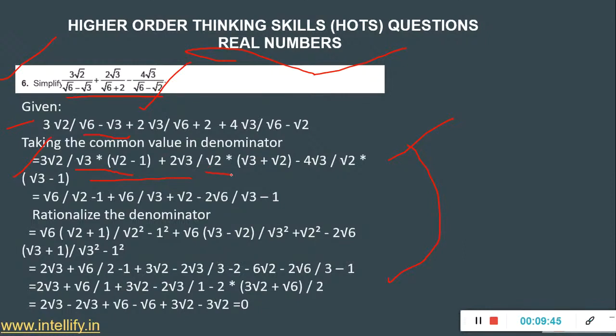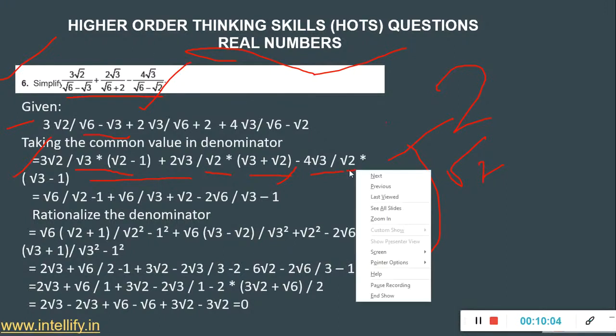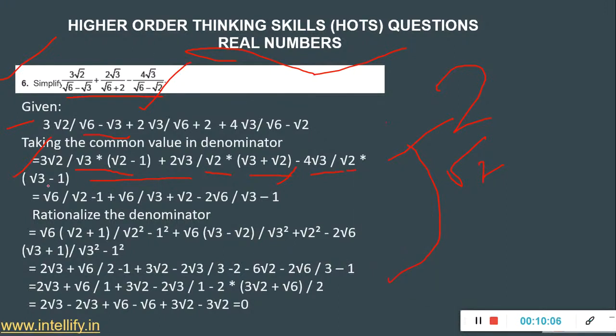Here we take root 2 common from the denominator, it becomes root 3 plus 2, because it was root 2 in the denominator, if we take root 2 out, only root 2 is left. In the next value we take root 2 common in the denominator, and the left value is root 3 minus 1.